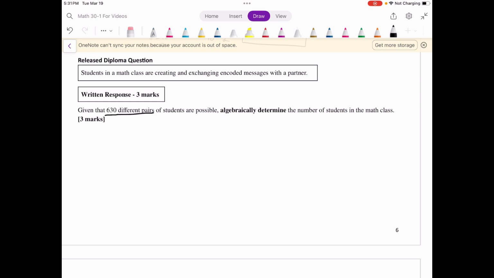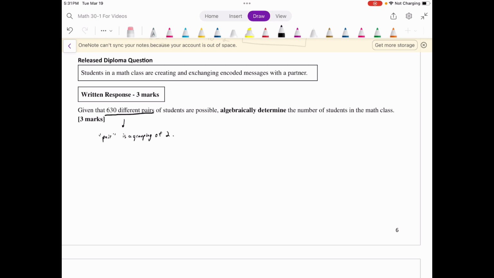If I were a student writing this diploma, I would have probably just quickly said something like, a pair is a grouping of two. So that just means we're being told that there's 630 different ways that we could create groups of two from however many students are in the class.